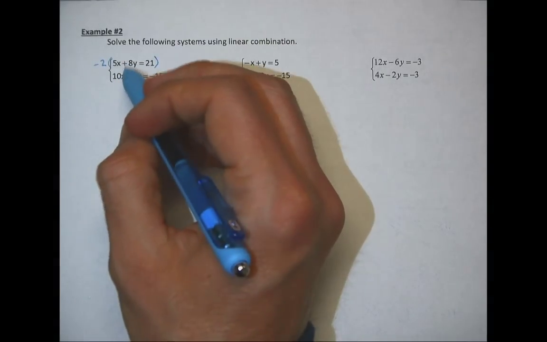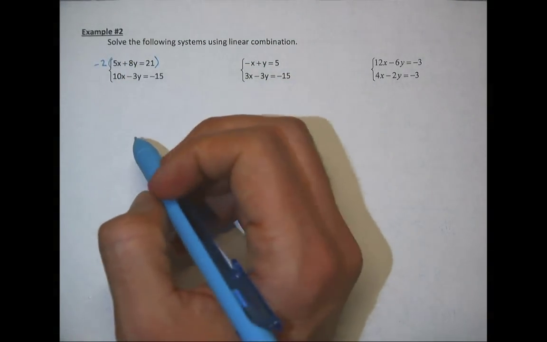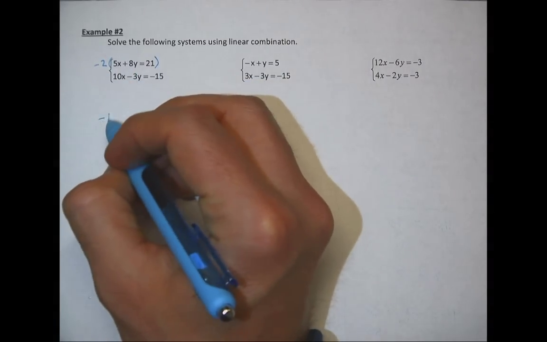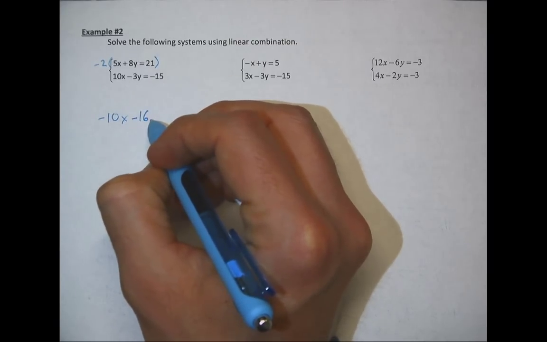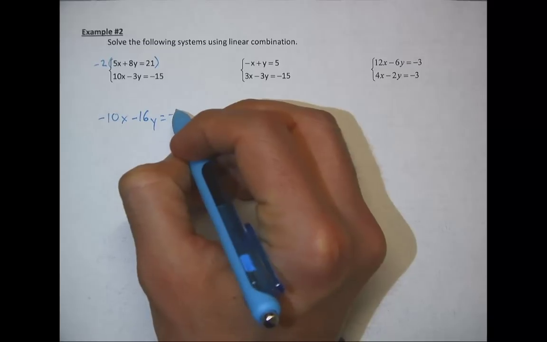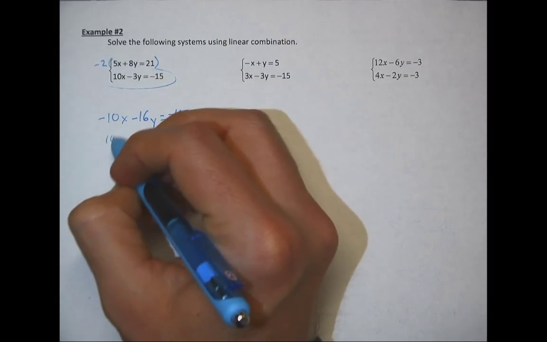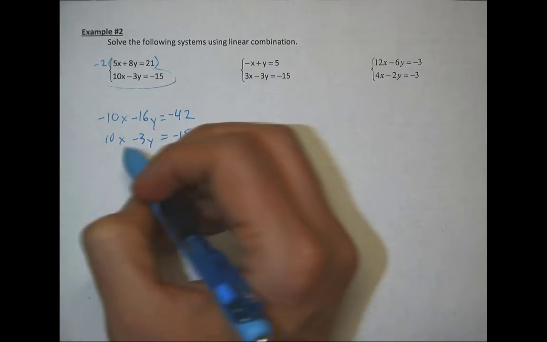So I don't need to multiply both equations in this case. So I wanted to show you that you don't always have to multiply both of them if you don't have something that matches. So this top equation becomes negative 10x, minus 16y, and negative 42. And if I go ahead and drop the other one right underneath of it, I'm all set to cancel.